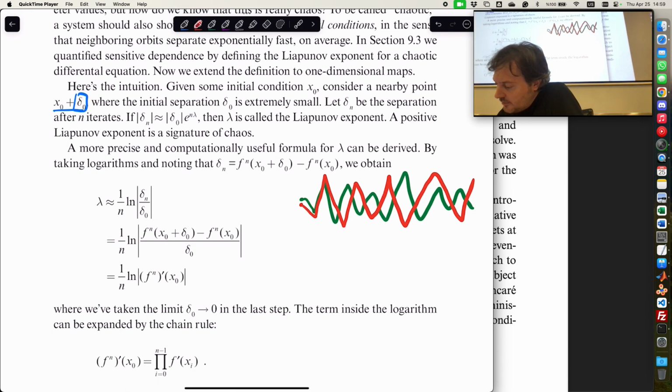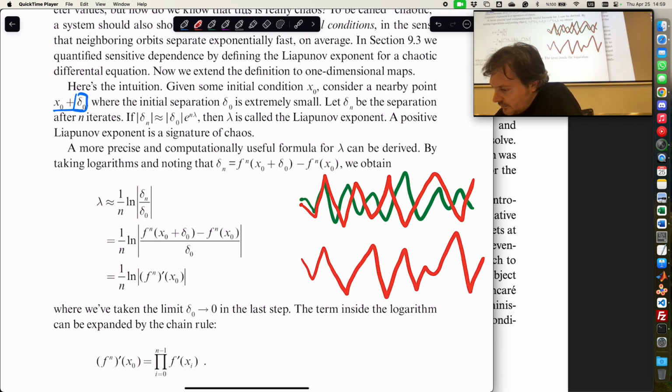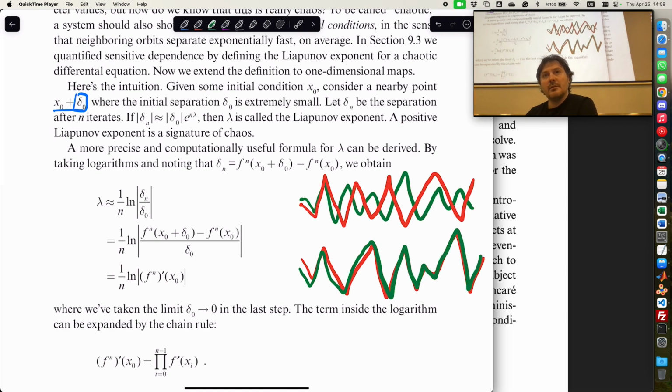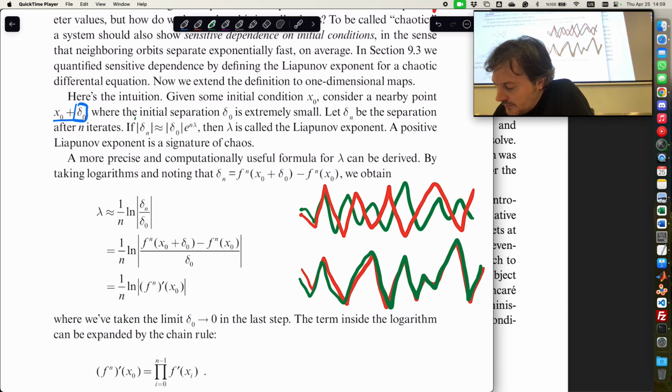When it's not at chaos, let's say x0 goes like this. x0 plus delta x0 will go like this, and it will converge to the same points. Yes? So Lyapunov exponent is defined in this way.